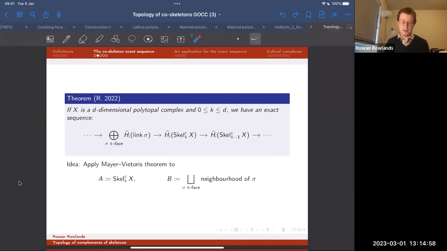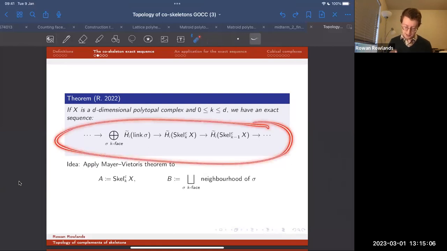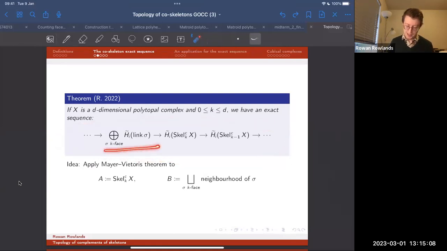If you have a d-dimensional polytopic complex and you pick some value of k in this range, then you can get an exact sequence that looks like this. We've got the direct sum of homologies of links of k-dimensional faces, then the homology of the kth co-skeleton, then the homology of the (k-1)th co-skeleton, and then the sequence loops back to the start with the degree going down by 1 each time you go through the loop, just like the Mayer-Vietoris theorem.